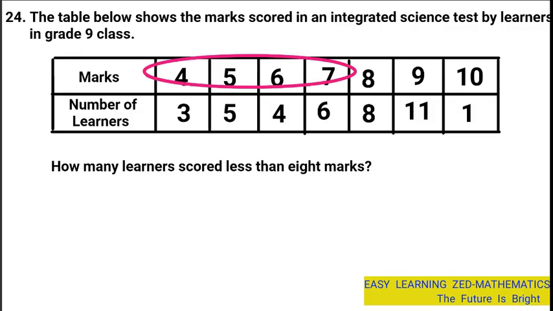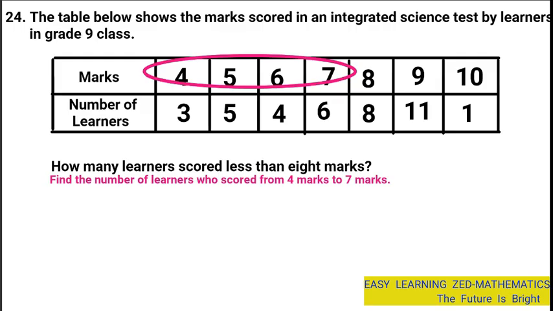Then after you have done that, we also need to identify the learners who scored marks which are less than 8. So they're asking us to find the number of learners who scored from 4 marks to 7 marks. That is what I've circled there.